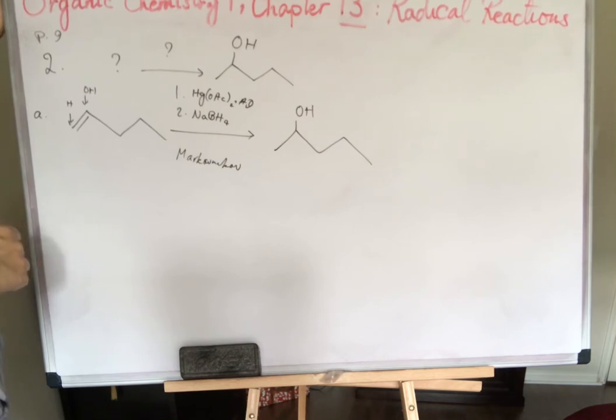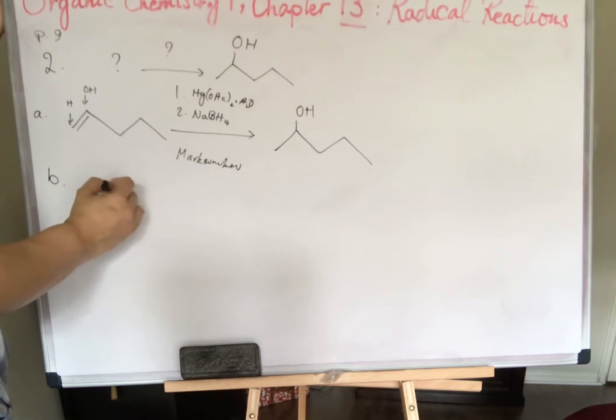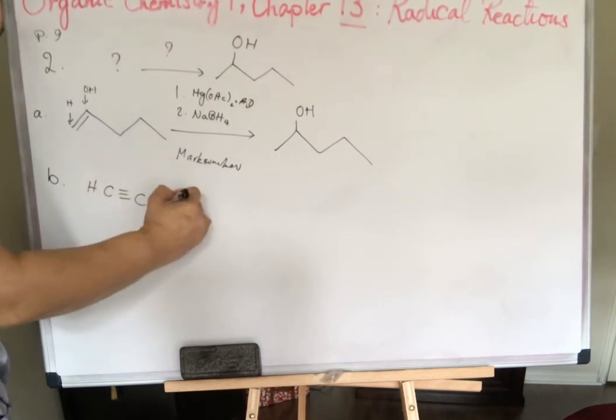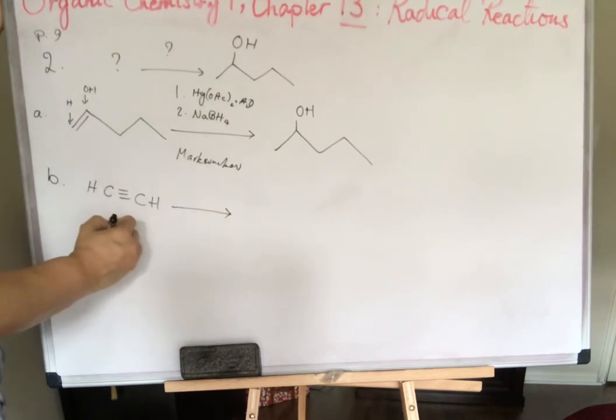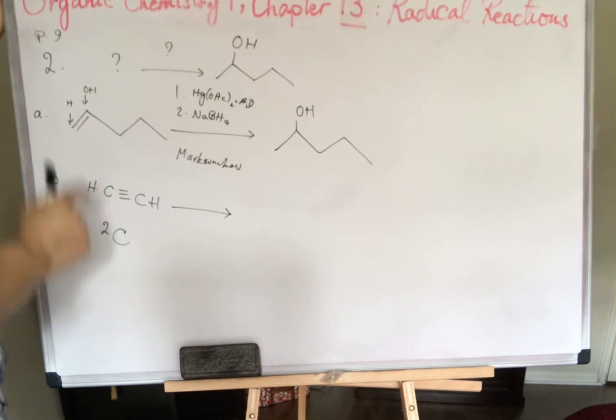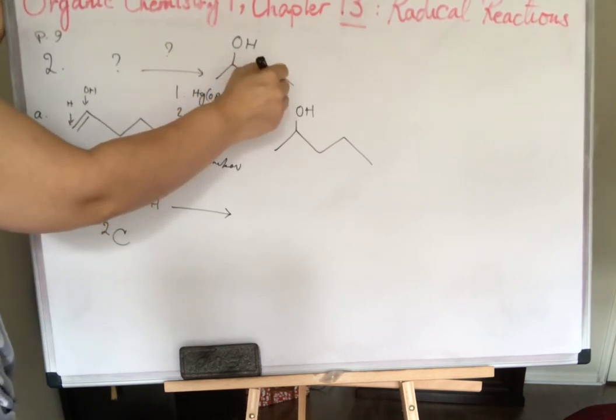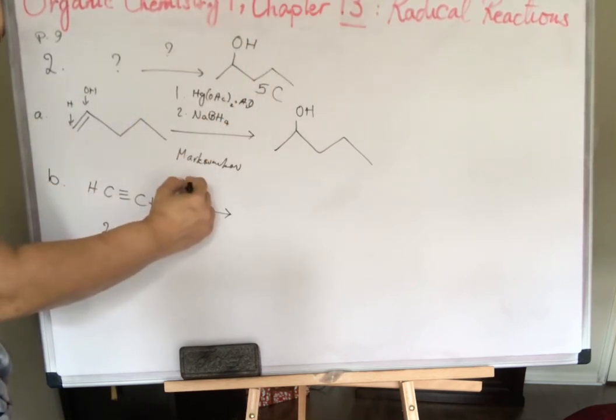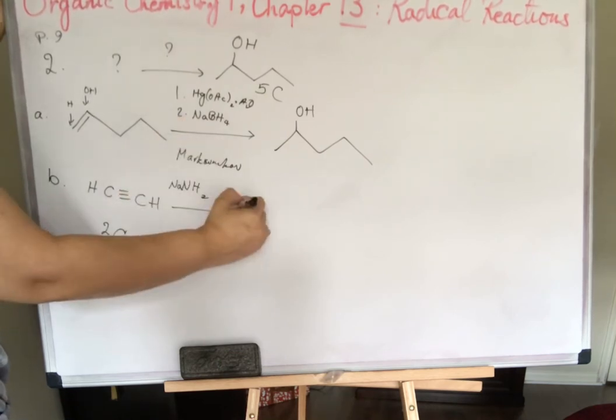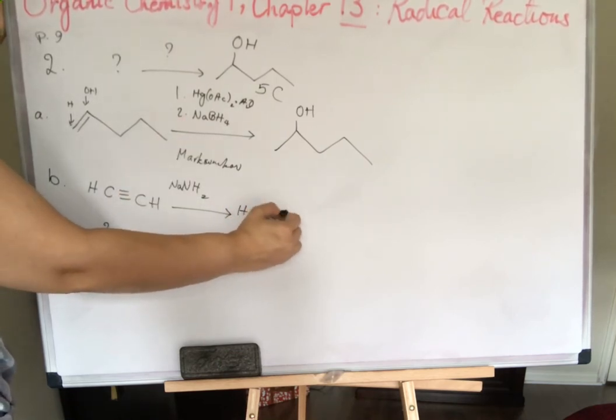You can also work with an alkyne. Whenever you want to work with an alkyne, if you have just acetylene, 2 carbons, and you're going to 5 carbons, you definitely need NaNH2 to remove the hydrogen.